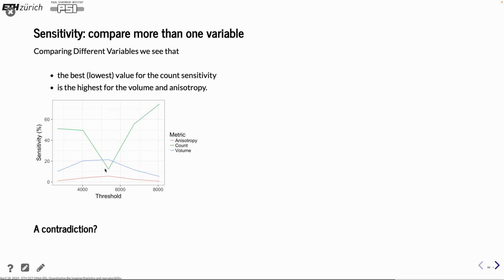So they point in different ways, but all indicate that we have an optimum at this threshold at about 5,300 or so. So it's not a contradiction that you have one metric going down. It depends on how it is defined. But the important thing is that all make the same conclusion. Sometimes they don't, and then you have to make a choice where you weigh which is most important.